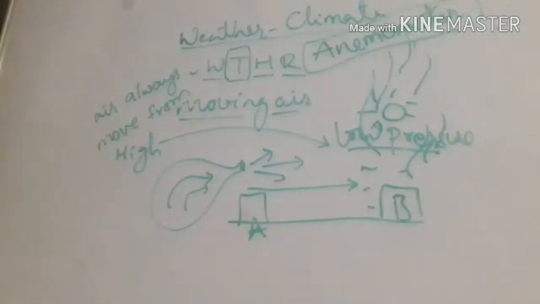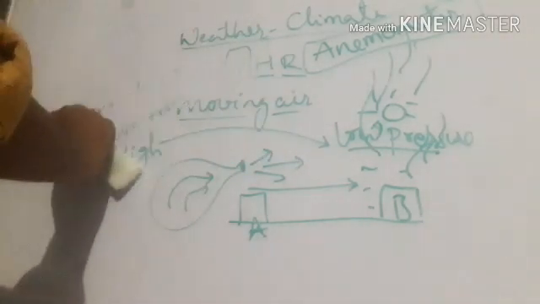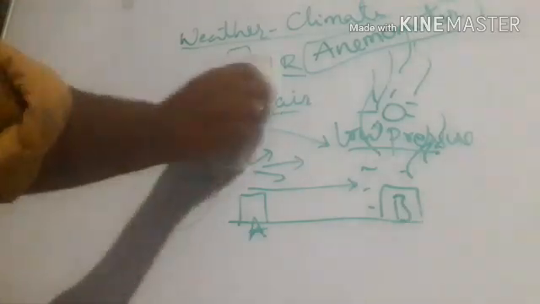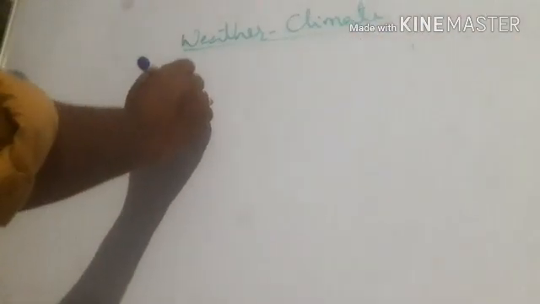Next one is humidity. Humidity is nothing but the water vapor that is present in the air. The water vapor present in the air is called humidity, or we call it moisture.